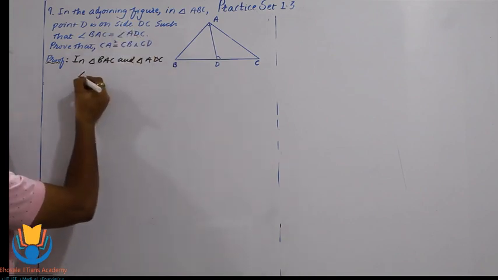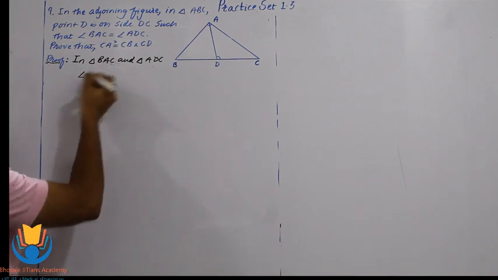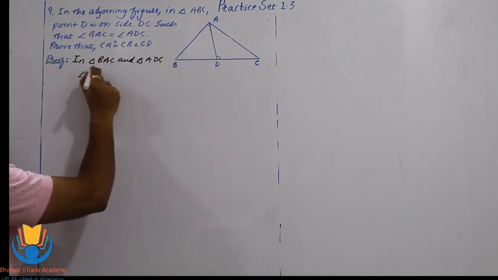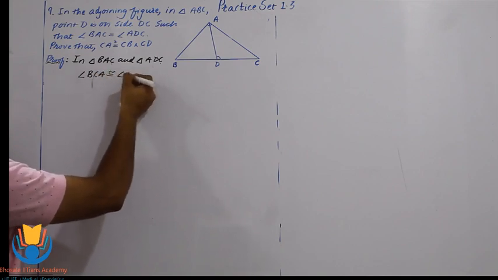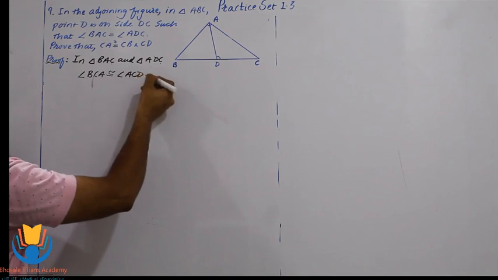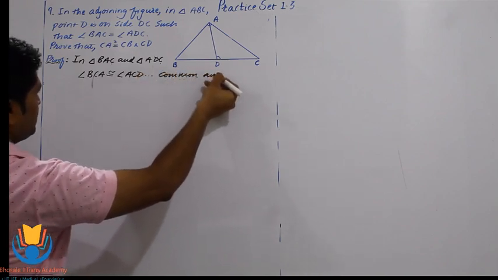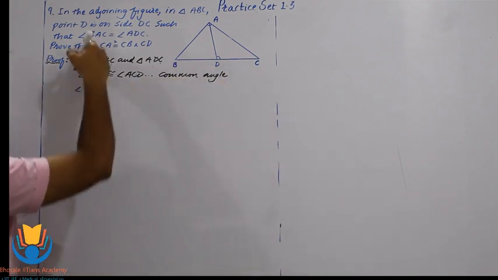So the first pair of angles is going to be the angle which is common to both. So get this C in the middle of those two letters. So this is going to be angle BCA, and here it is angle ACD. So here we can write common angle, and second we can copy from given.